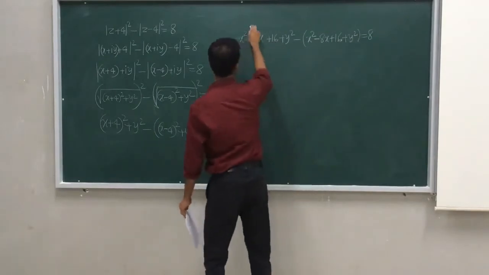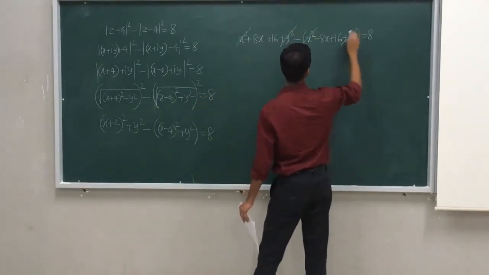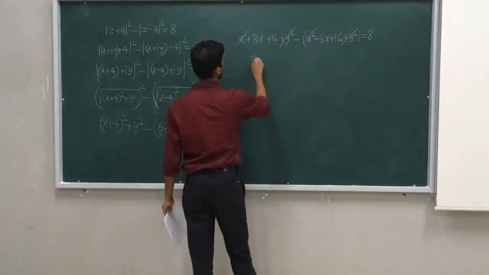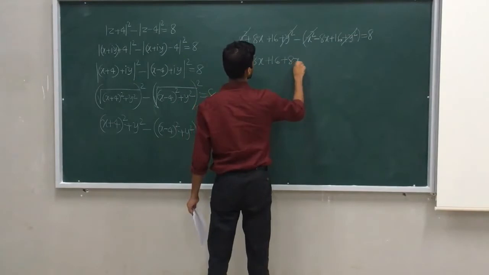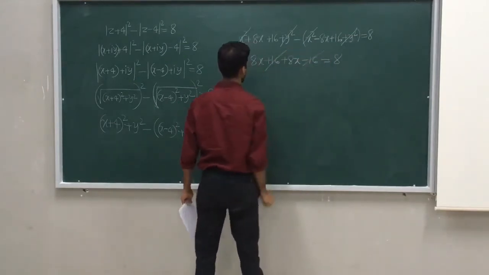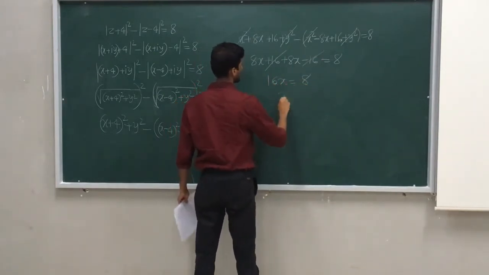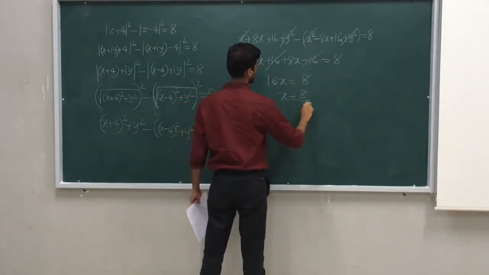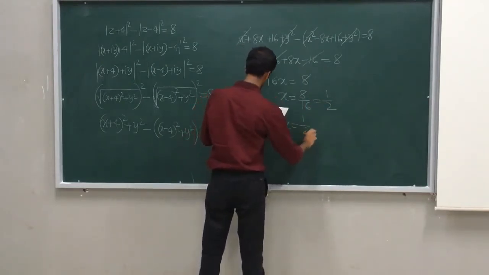So x square minus x square, y square minus y square cancel. You would have 8x plus 16 plus 8x minus 16 equal to 8; the plus 16 and minus 16 get cancelled. So I got 16x equal to 8, x equal to 8 by 16, which is 1 by 2. So x equal to 1 by 2 is the answer.